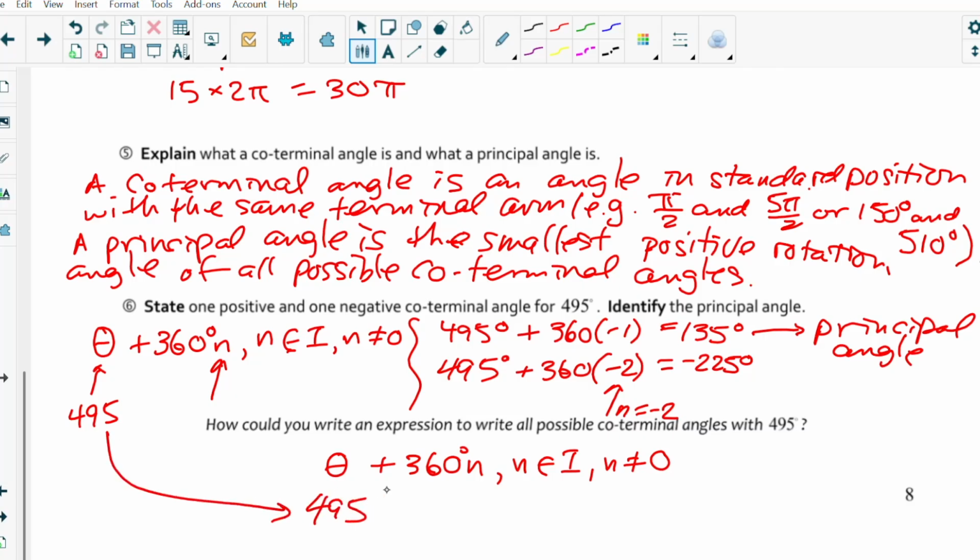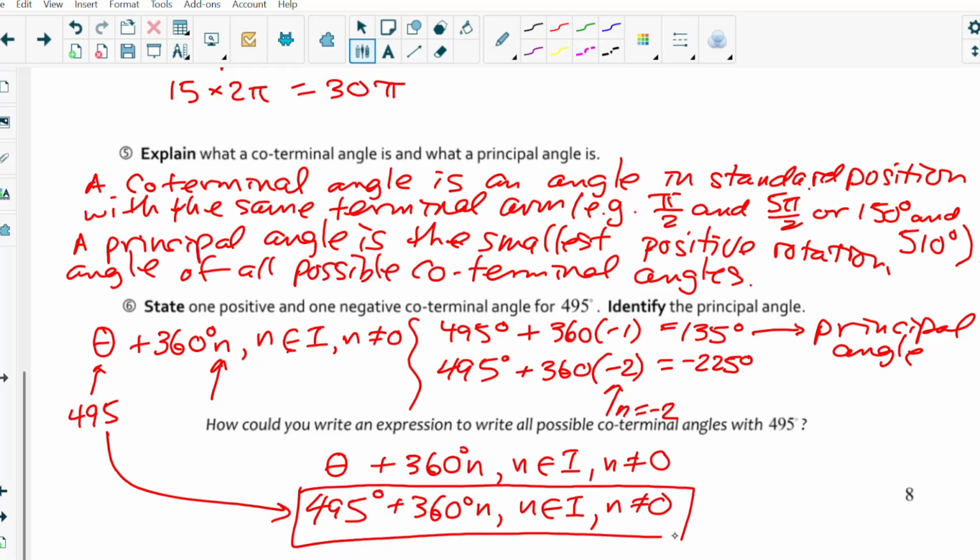That's my 495 degrees plus, leaving it in general terms, the n value, and stipulate that n must be an element of all integers and n cannot equal 0. So this is my expression for all possible coterminal angles.